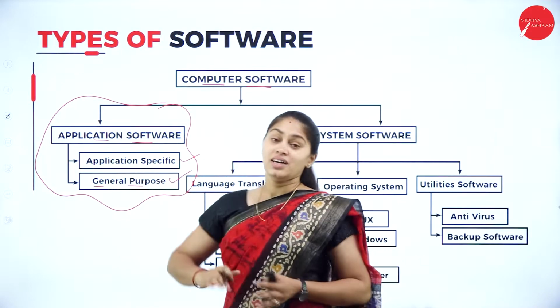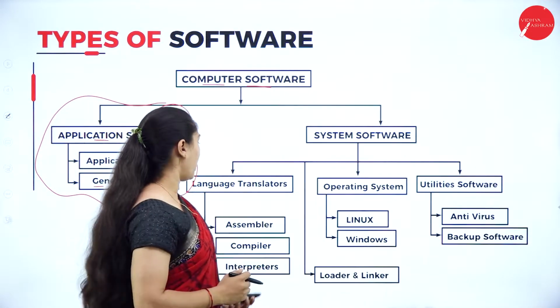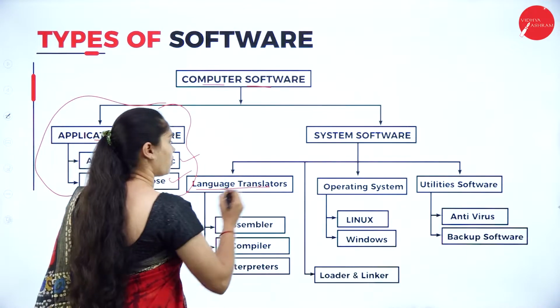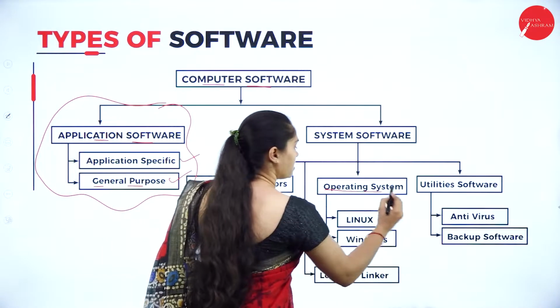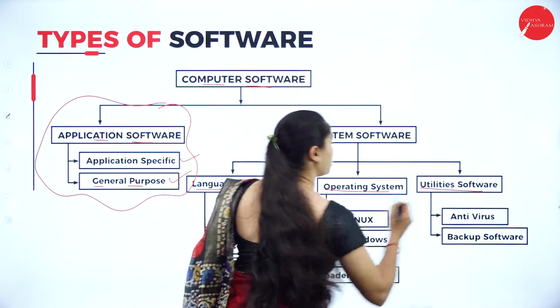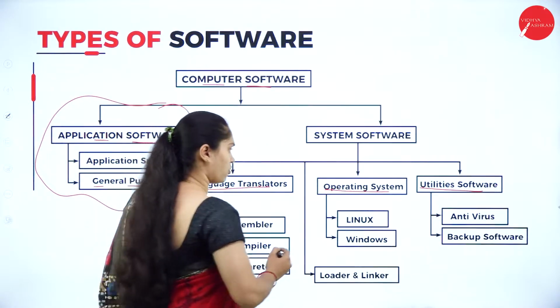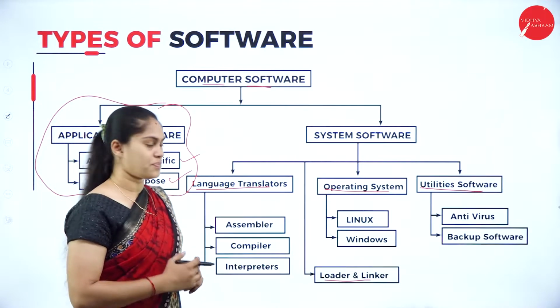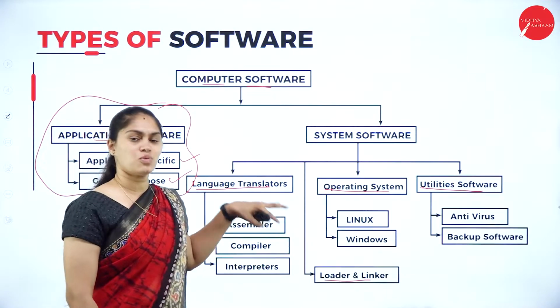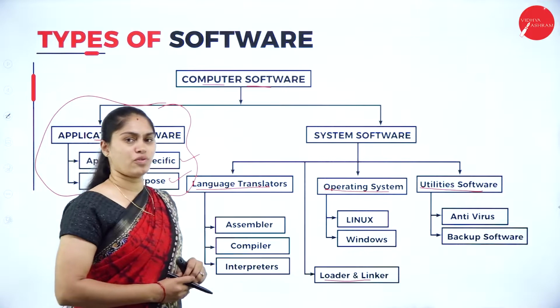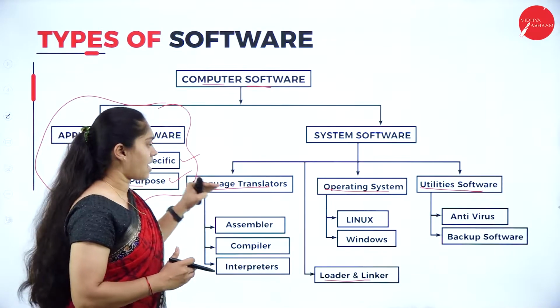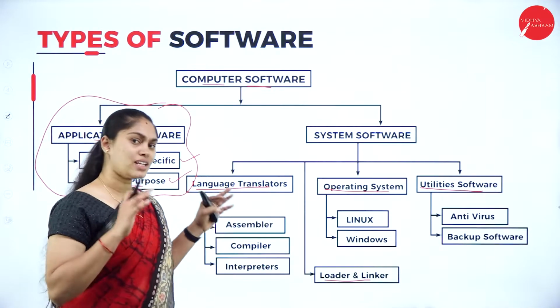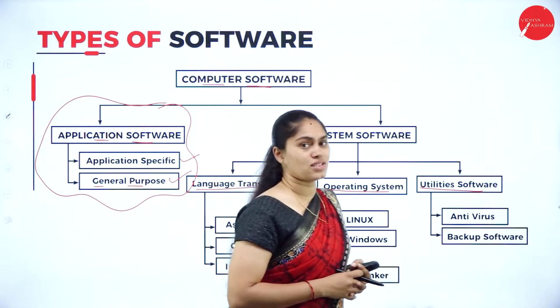That's done. Then what about the system software? It comprises language translator and operating system, and it also includes utility software, and then we have loaders and linkers. These are the different kinds which come under system software. Considering the language translator, as you all know, a computer can understand only zeros and ones.